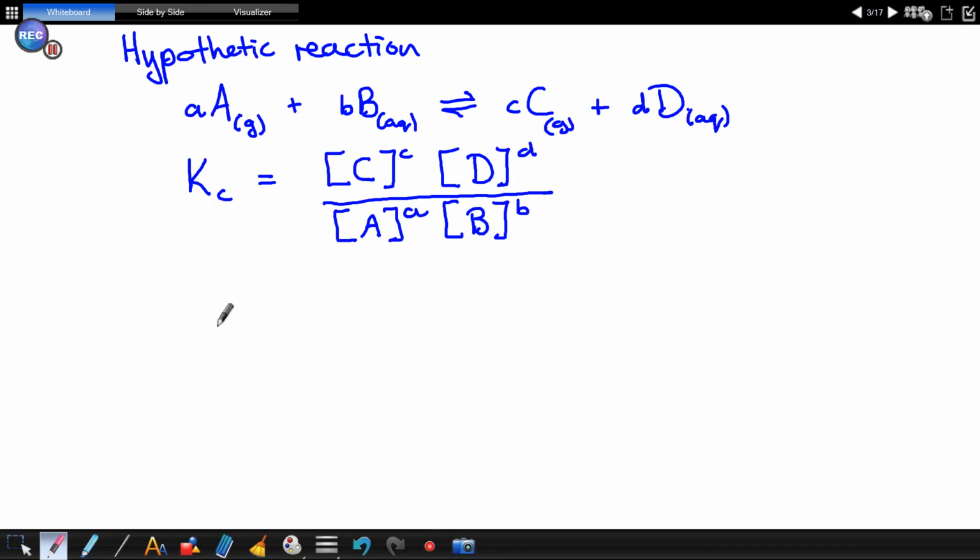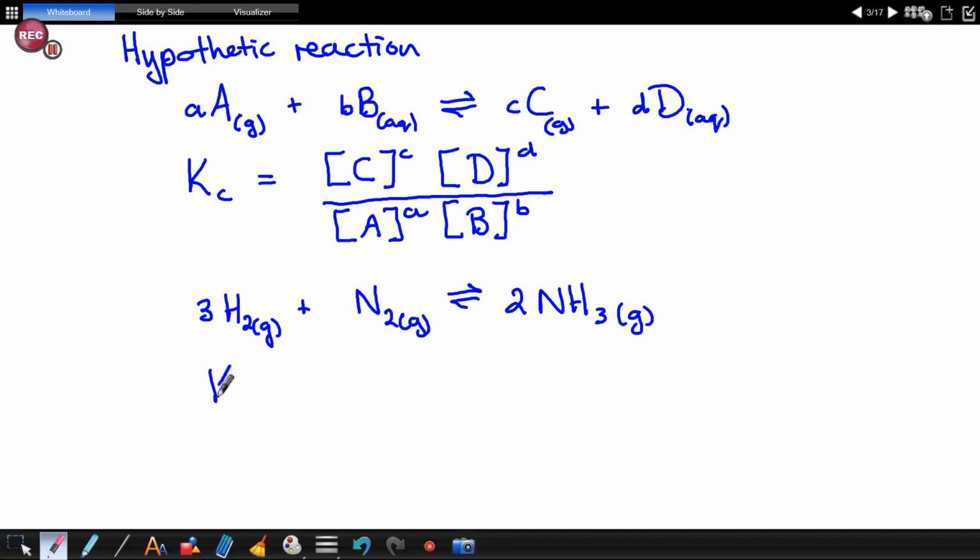I'm going to give it a concrete example now. So let's use my favorite, 3H2 plus N2 going to 2NH3. This is a gas, that is a gas, this is a gas.